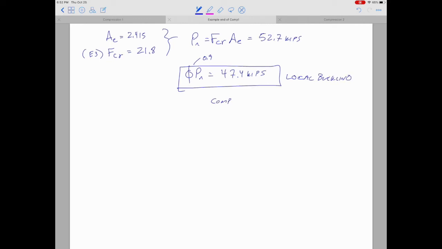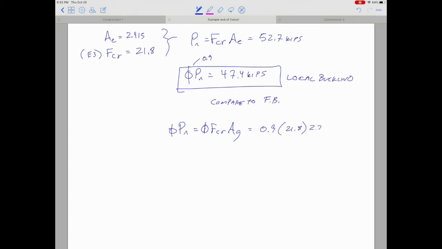If I compare that to just flexural buckling, right, I can say phi Pn was phi, F critical, times AG, right, so that's 0.9, 21.8, 2.7.